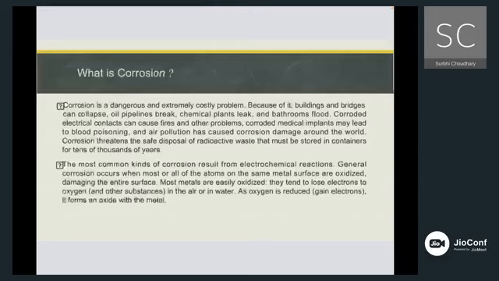The most common kind of corrosion results from an electrochemical reaction. Basically, corrosion is a process of electrochemical reaction. We can say it is a naturally occurring electrochemical cell which builds up on the metal surface. There are certain regions on the metal surface which act as an anode, and others act as a cathode.